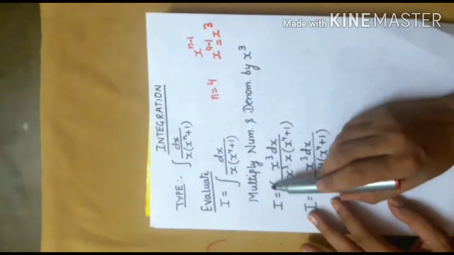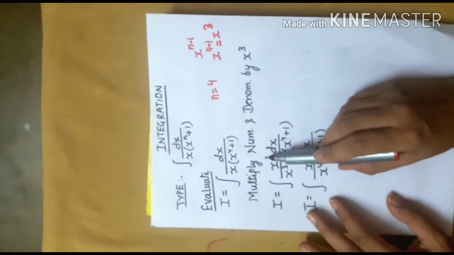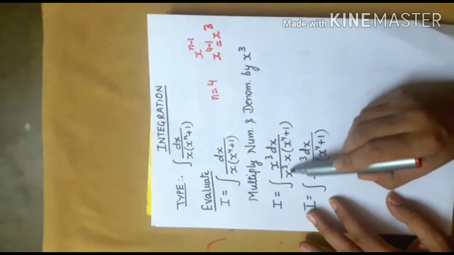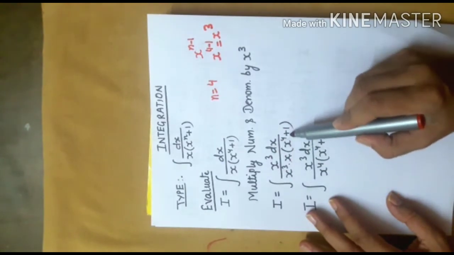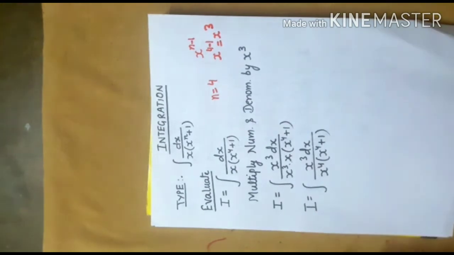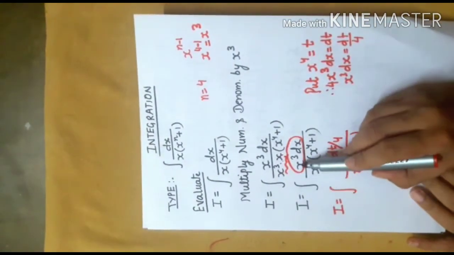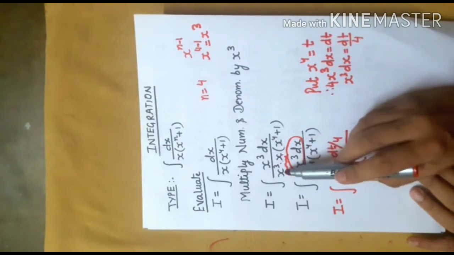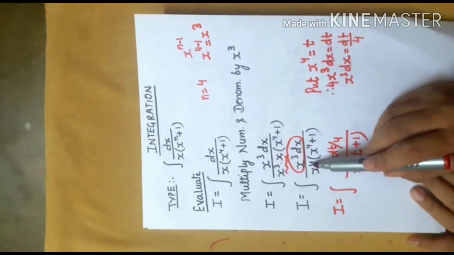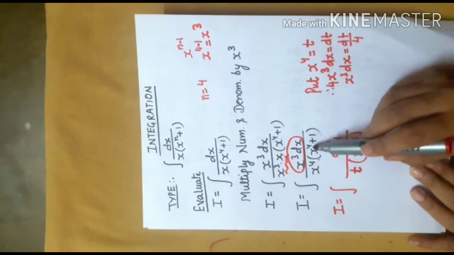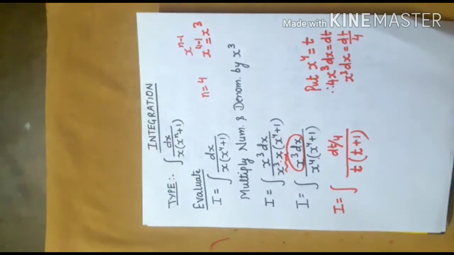So I equals integral x cube dx over x cube into x raised to the power 4 plus 1, which is x raised to the power 4 into x raised to the power 4 plus 1.